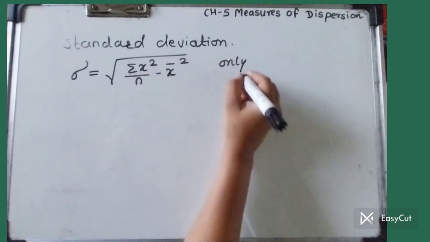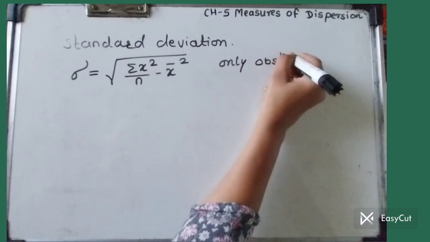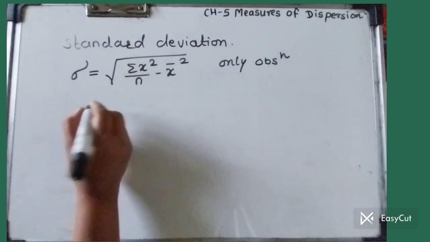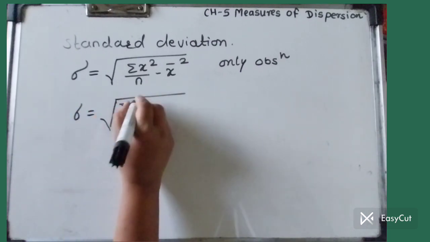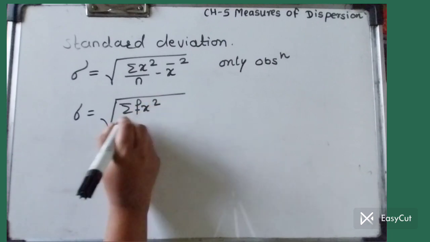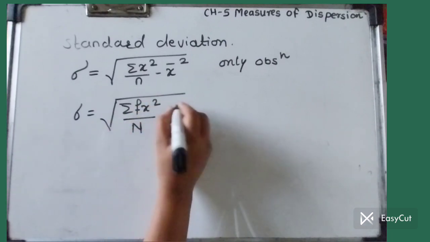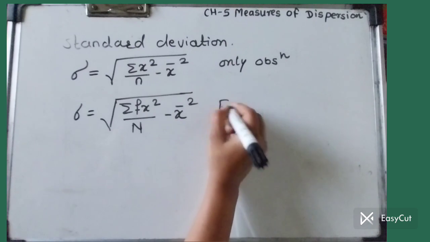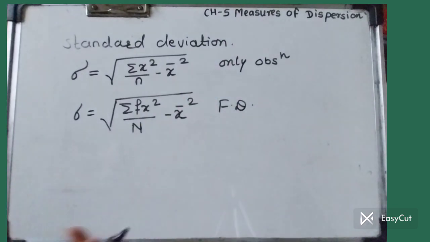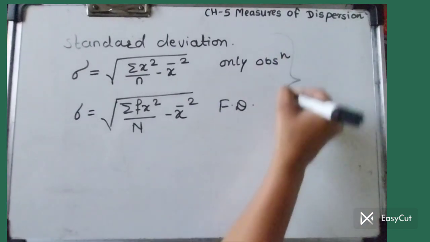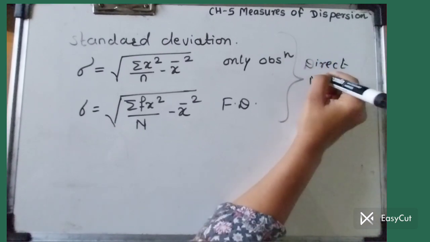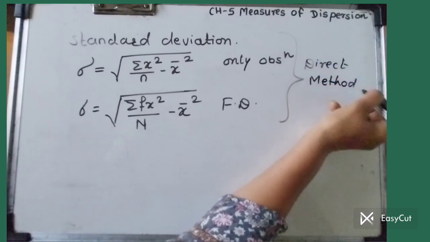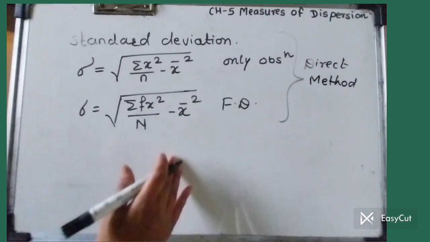Then if we have a frequency distribution, we use this formula: summation fx square upon capital N minus x bar square. We call it the direct method.